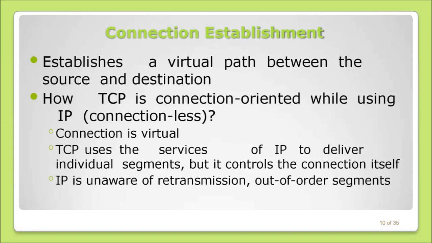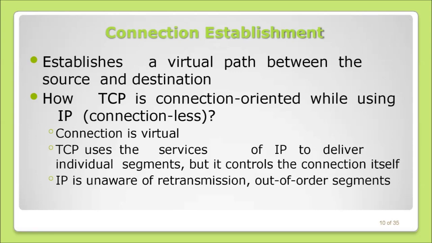Second point: how is TCP connection oriented while using IP, which is connectionless? The connection is virtual. TCP uses the services of IP to deliver individual segments, but it controls the connection itself. IP is unaware of retransmission and out of order segments. Students, 80+% of internet traffic is dependent on IP.